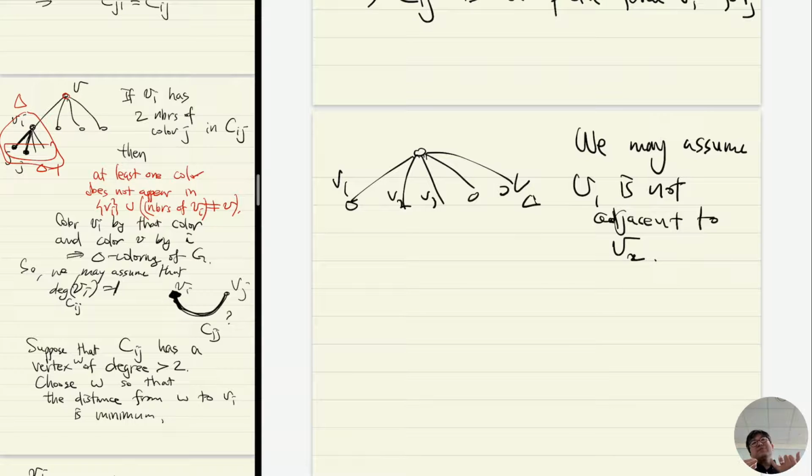Because if all the neighbors are pairwise adjacent, then you have a complete graph on delta plus 1 vertices, and then there are no other vertices because everybody has degree exactly delta. And the graph will be equal to the complete graph. So because G is not K delta plus 1, we can assume that V1 is not adjacent to V2.